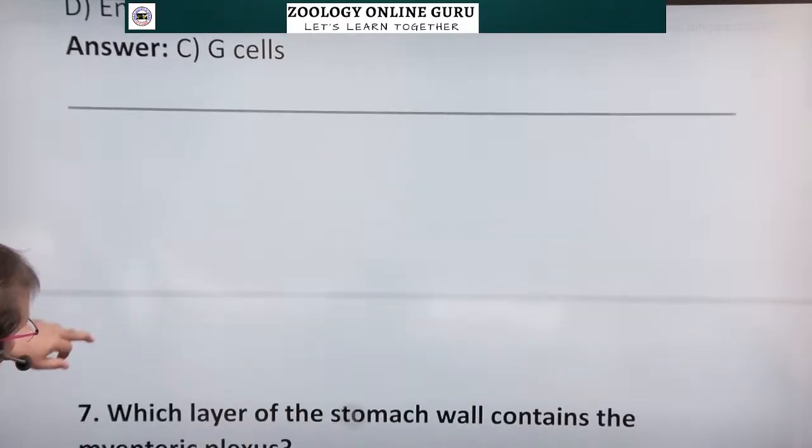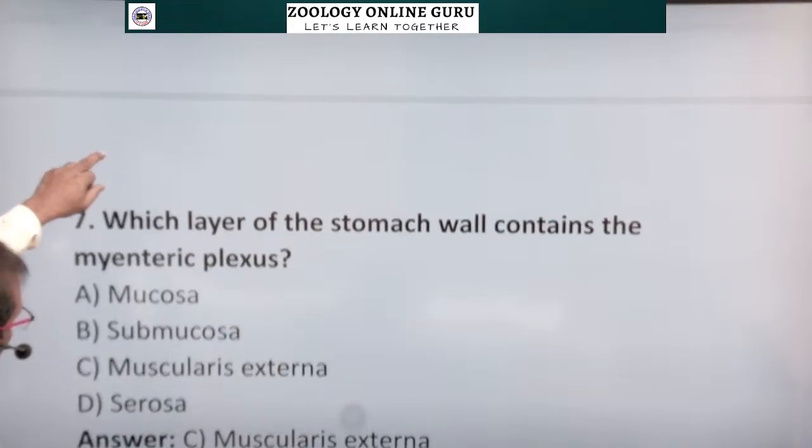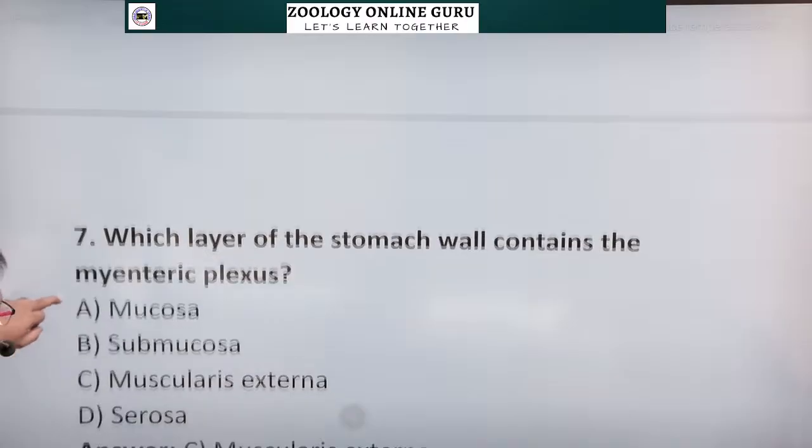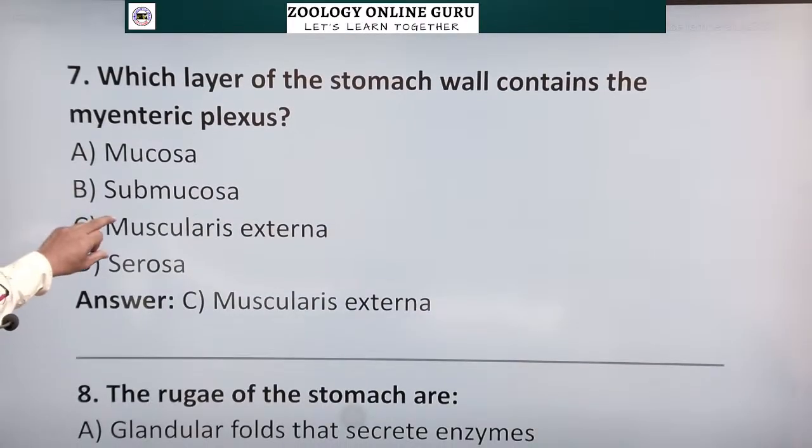Okay. Next, which layer of the stomach wall contains the myenteric plexus? In the stomach cross section we have mucosa, submucosa, muscularis externa and serosa.